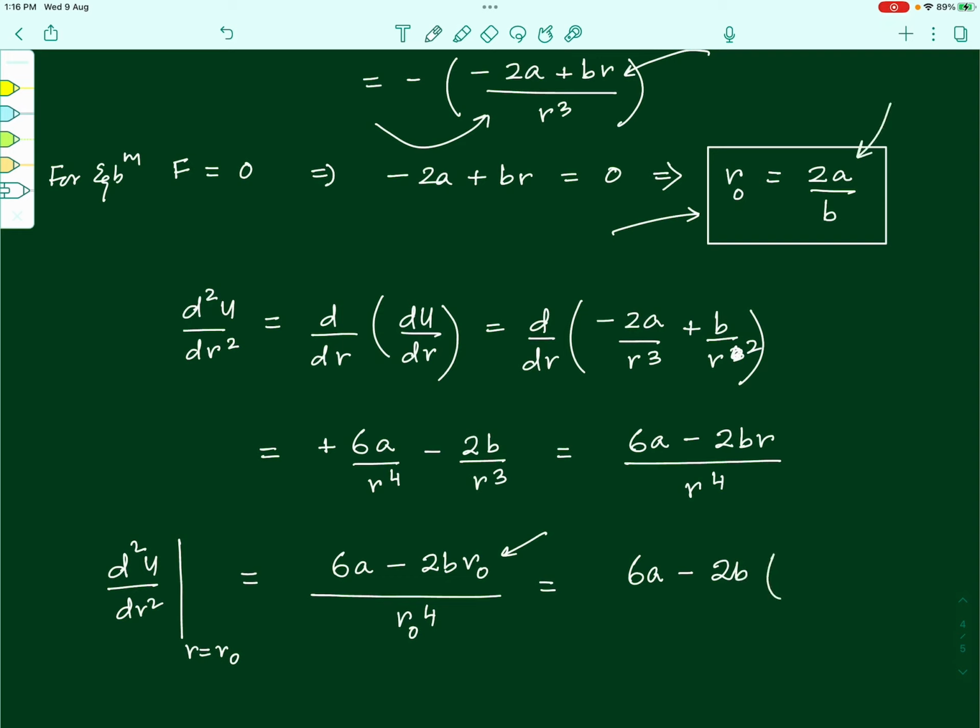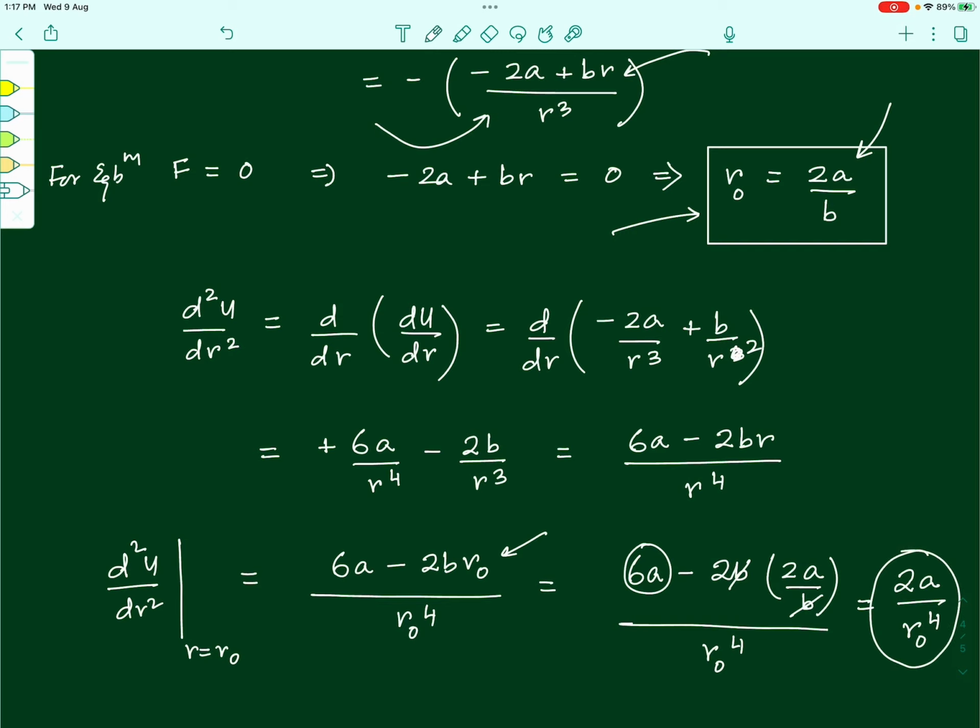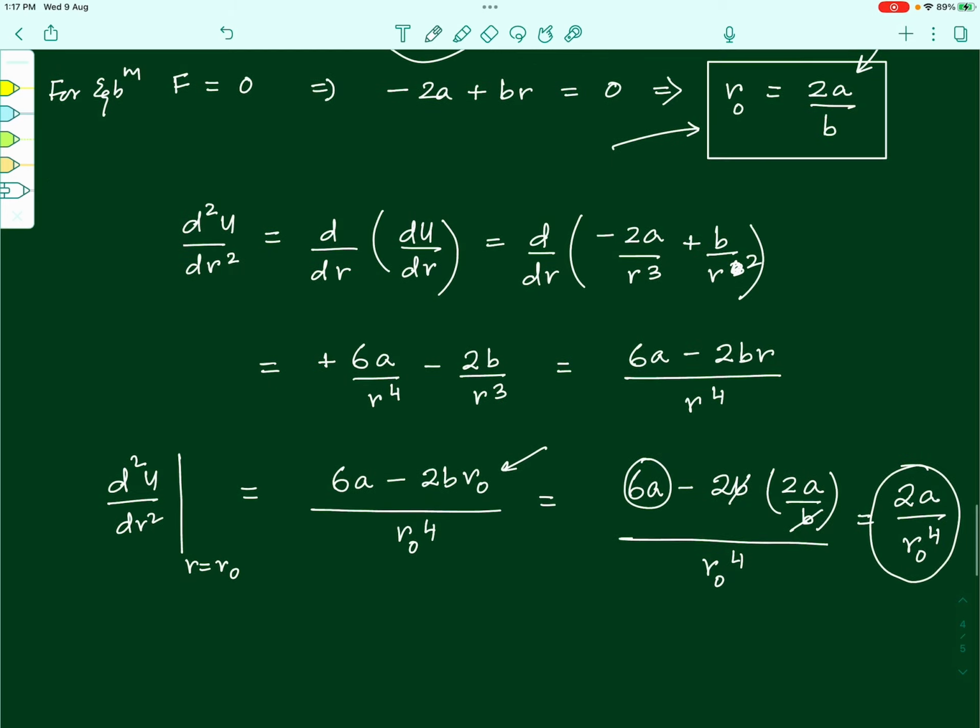R naught is 2A by B. The denominator we can keep just like that itself, and B will cancel out and we will have a 4A. So, this will be 6A minus 4A, that is 2A by R naught raised to the power 4, which we see is a positive value. R naught is positive and A is also positive. So, this value is coming out to be greater than 0.